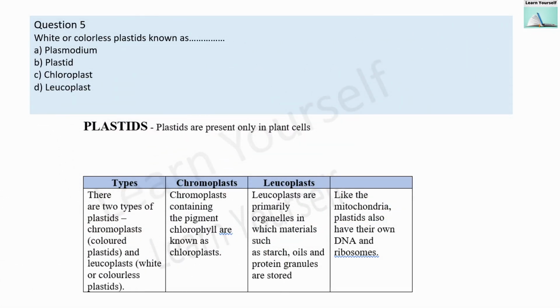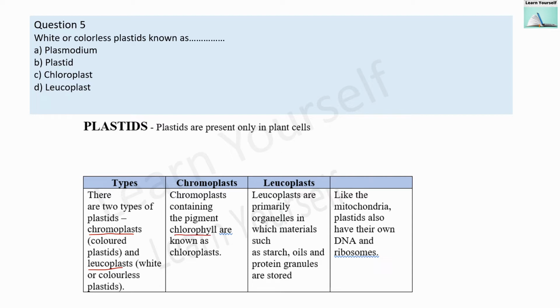Question number 5. White or colorless plastids are known as option A, plasmodium, plastid, chloroplast or leucoplast. Now let us understand about plastids. So there are two types of plastids, chromoplast and the leucoplast. Now chromoplasts contain pigment, that is chlorophyll, and that's why they are known as chloroplast.